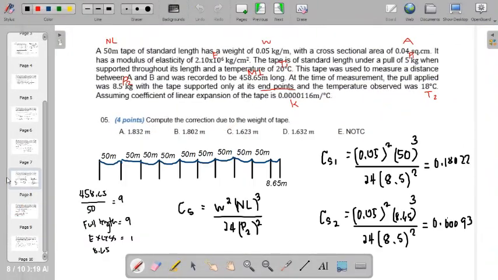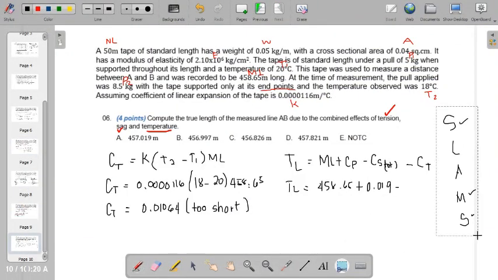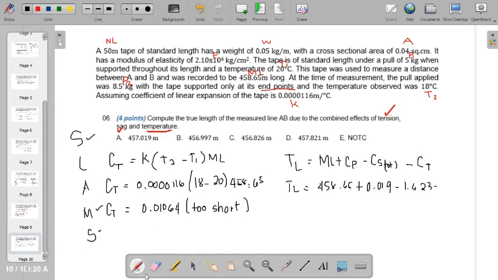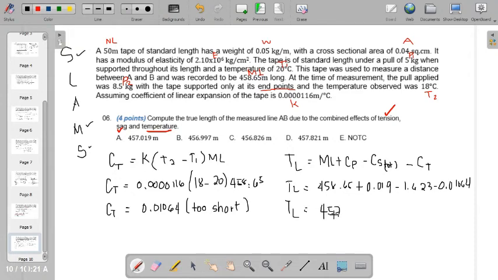So the total length, the corrected length or the true length of the line, is actually 457.035.